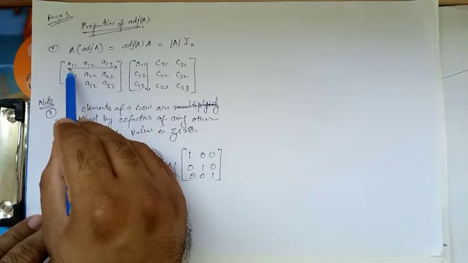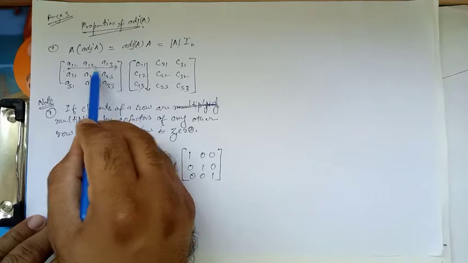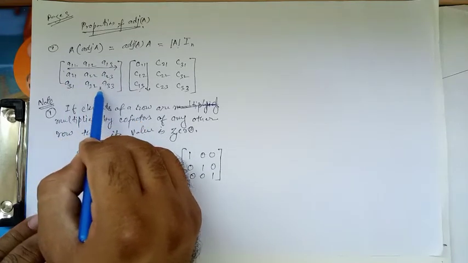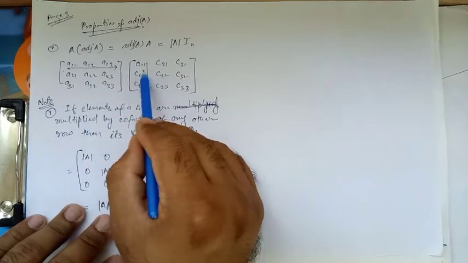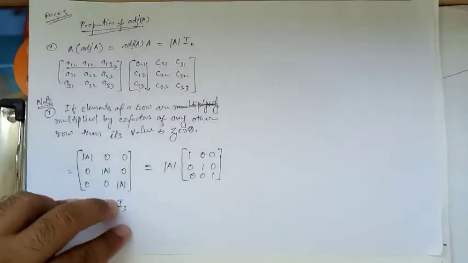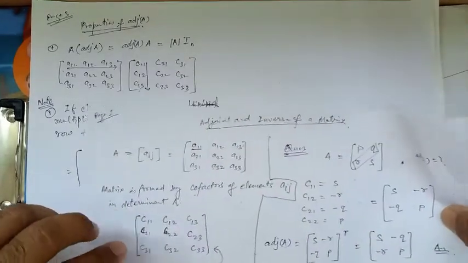So this is matrix A, a11, a12, a13, a21, a22, a23, a31, a32, a33, and this is the adjoint. We have already solved this here.